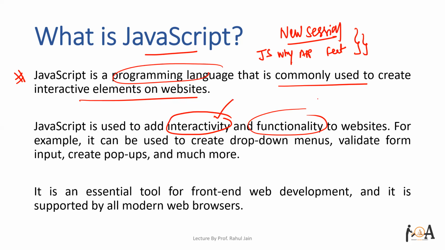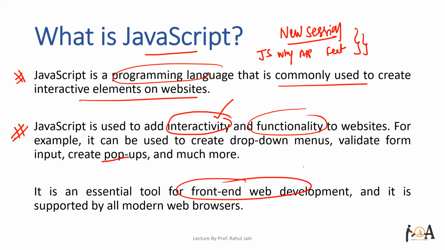You can do this by designing forms, by asking the user to choose options by drop-down menu, or many more methods, right? And by creating pop-ups and much more. So this kind of functions you can do with the help of JavaScript, and it is an essential tool for front end web development.